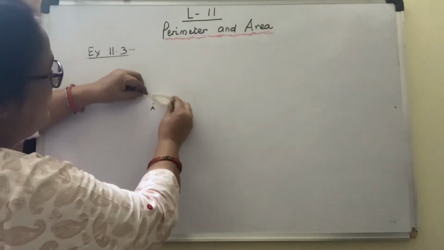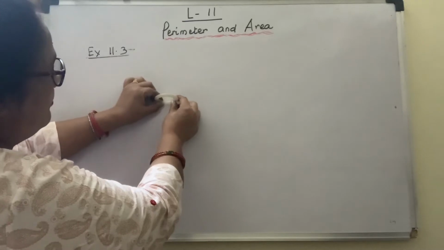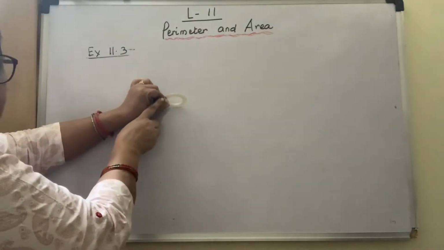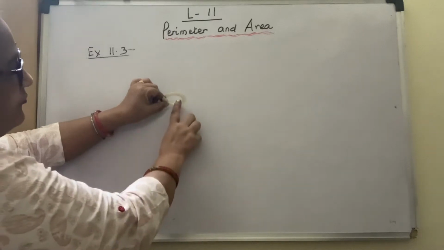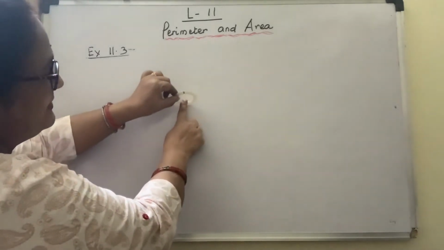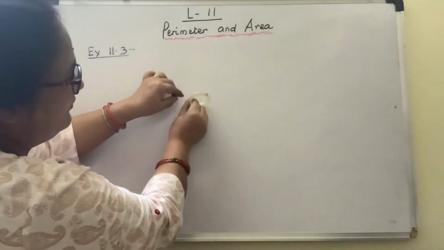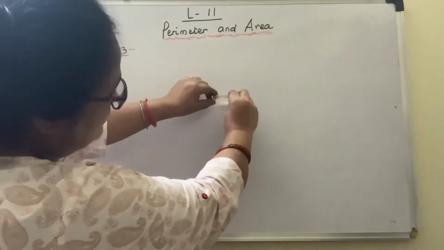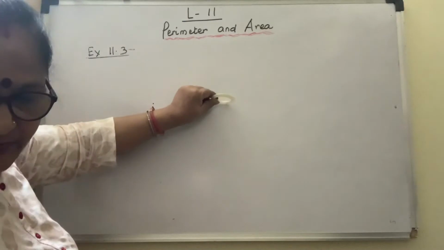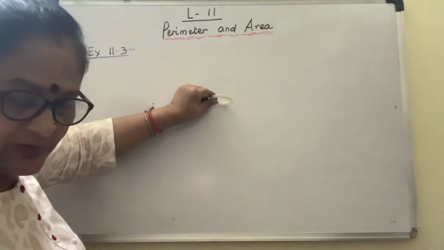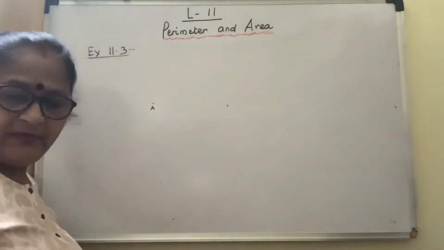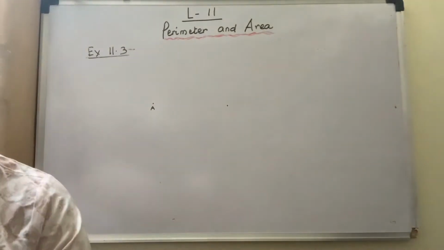When I'm rotating it, you will see the black point is moving. It keeps moving till it touches the ground again at this point. The point where it touches the ground, I'm marking that again.